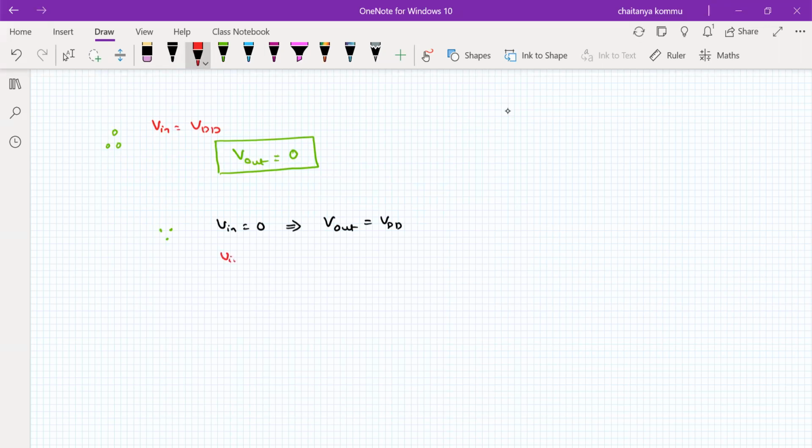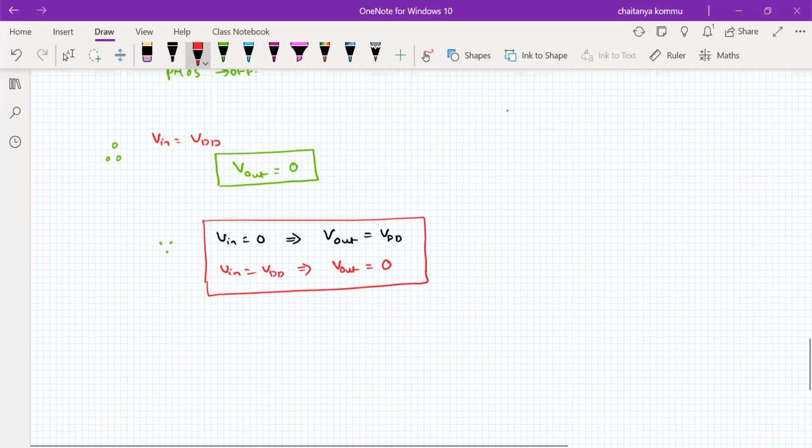When Vin is equal to VDD, Vout is equal to 0, logic 0. So this is how the operation can be identified.